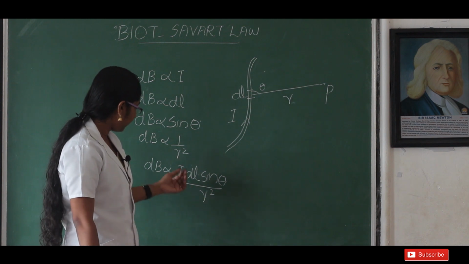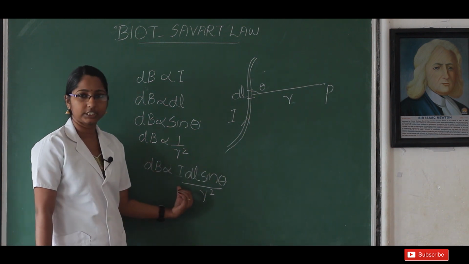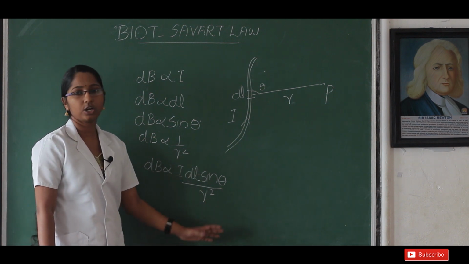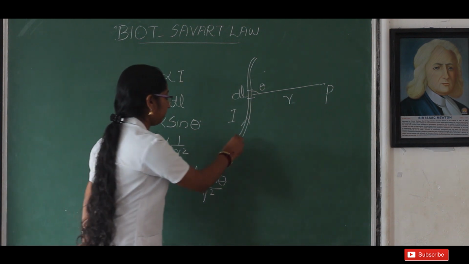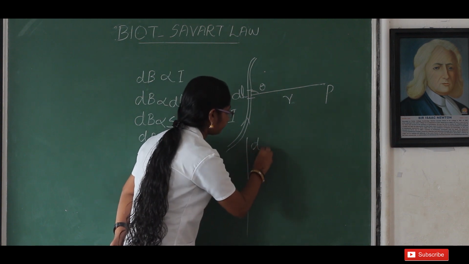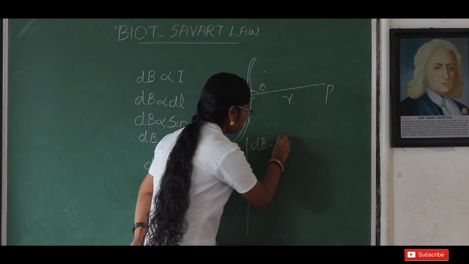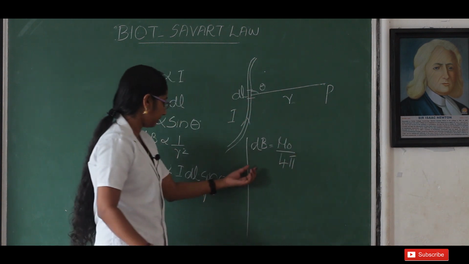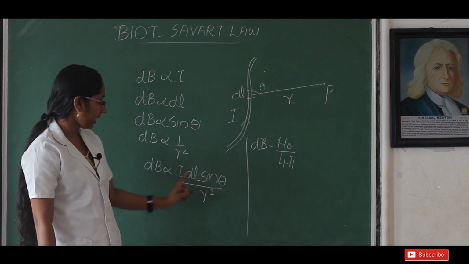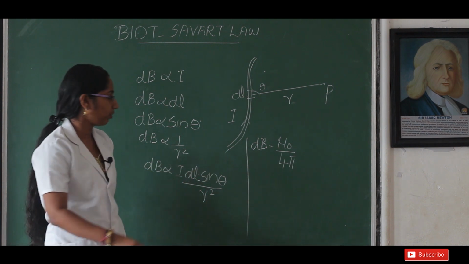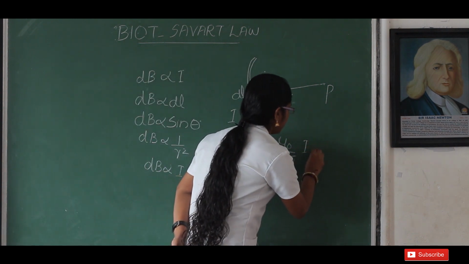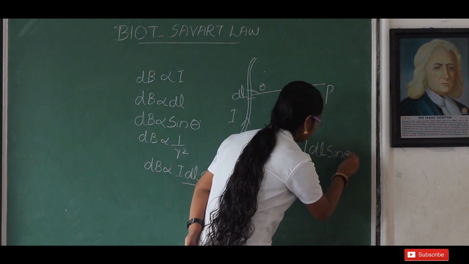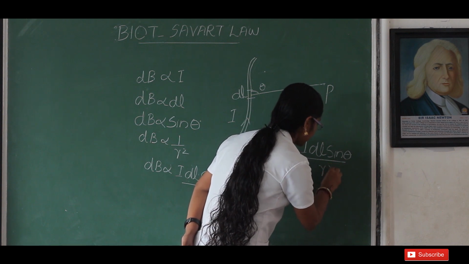Now we have to remove this proportional sign. For that we have to multiply it with a constant. Then the equation becomes dB equal to mu 0 by 4 pi, we are multiplying it with a constant mu 0 by 4 pi, I dl sine theta divided by r square.